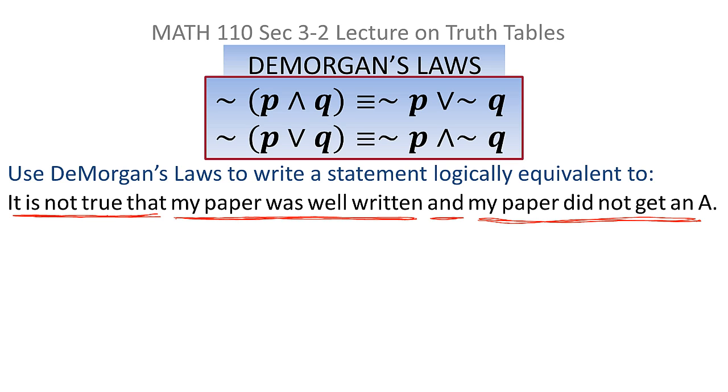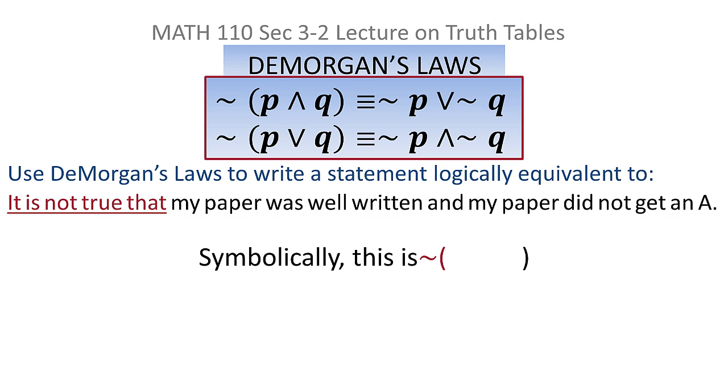First thing you need to do is convert that back into symbols. So you might want to let the phrase, it is not true that, be written as a negation. When you say something is not true, then you're negating. So that phrase becomes a negation. And then you're negating everything after that, and since what you have after it has an and in it, you better use parentheses.